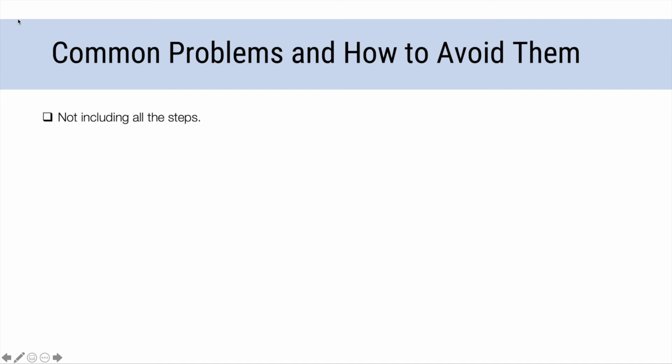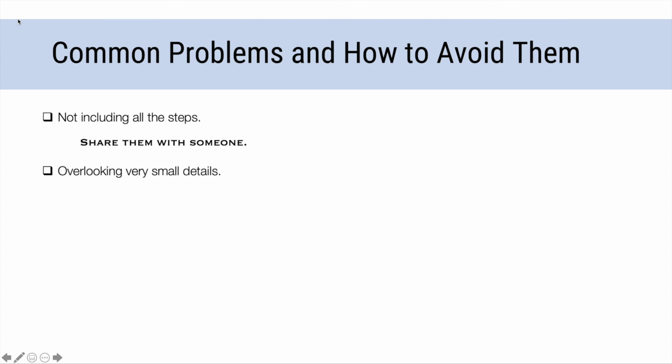So the way to avoid this problem is to share your instructions with someone after you've drafted them and have them follow them exactly and see what happens. Next is overlooking very small details. This is the same problem as not including all of the steps. It's because you're very used to it and these become automatic behaviors and automatic activities.